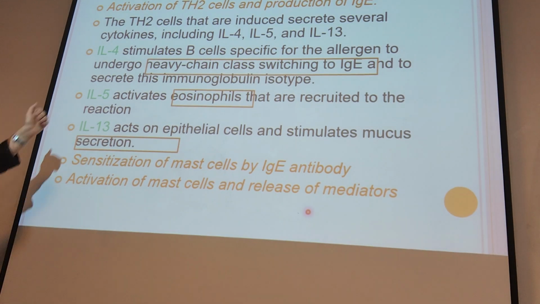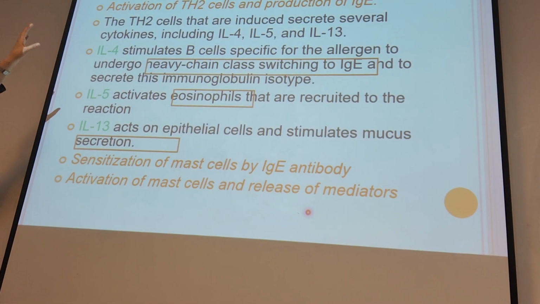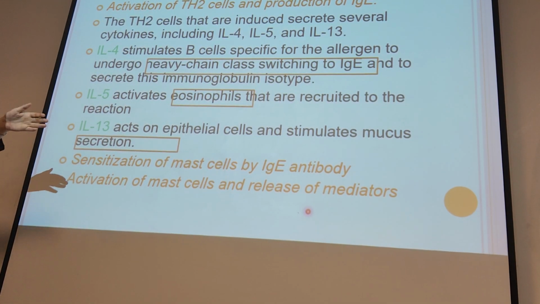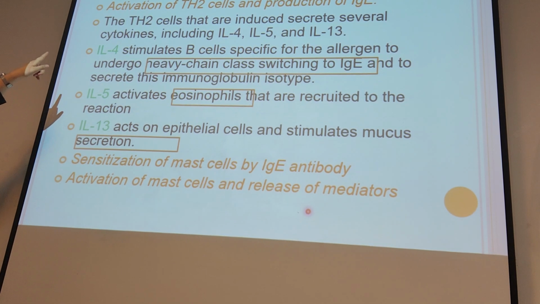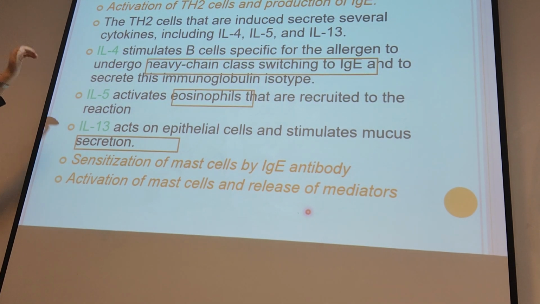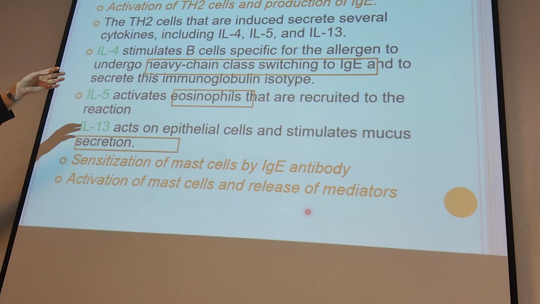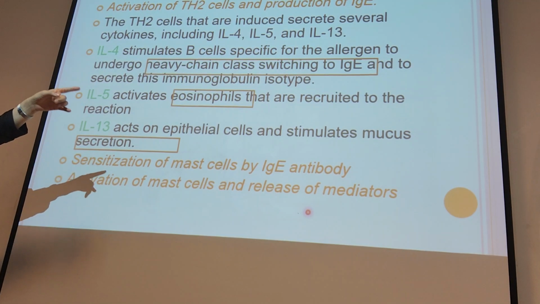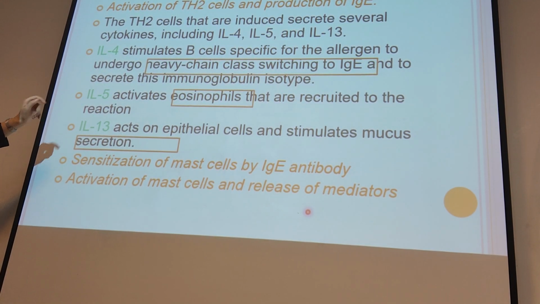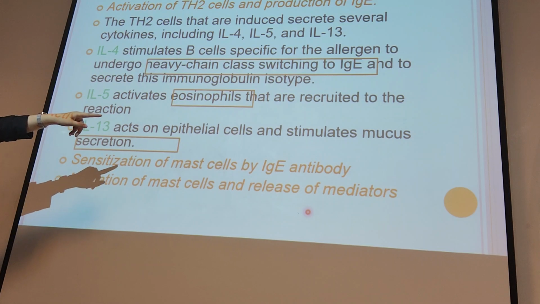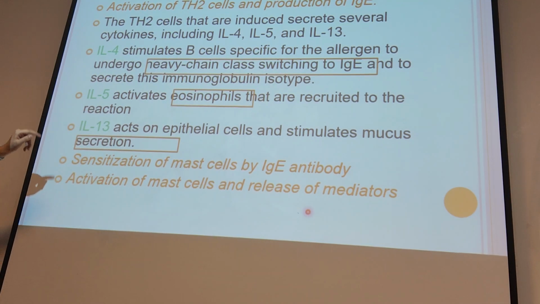and I told you we have T helper 2 activation, we have interleukin 4 production, which causes class switching to IgE. Interleukin 5 activates the eosinophils, and interleukin 13 is important because it stimulates the secretion of mucin.